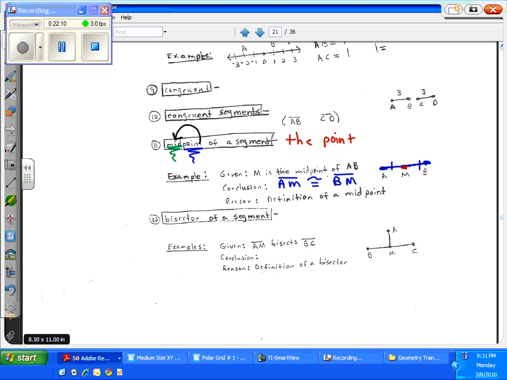Divided that segment into two equal segments. The point that divides a segment into two equal segments.